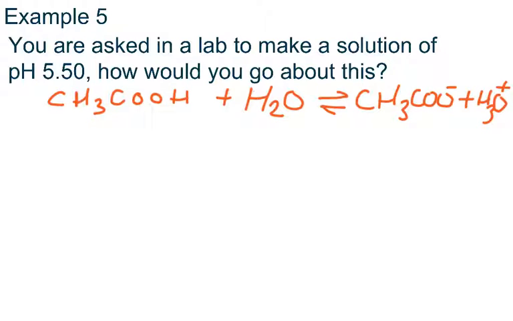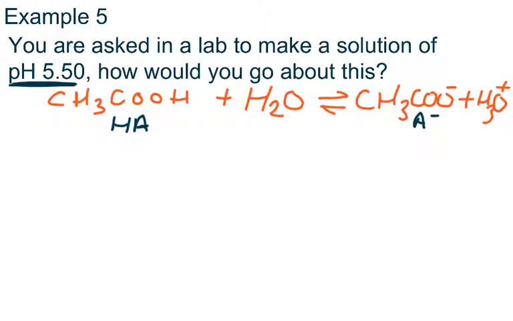We know from experience that this one right here is our acid, HA. And on the other side, our conjugate base is A minus. Now we're going to use the Henderson-Hasselbalch equation to get to this pH value which we desire.